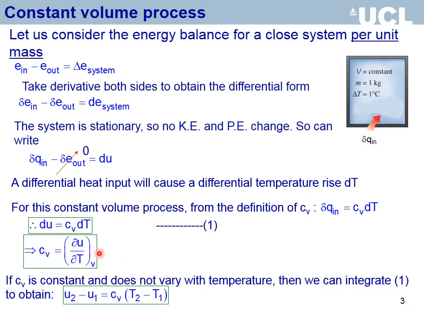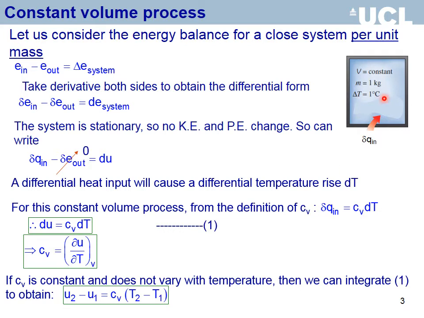This, if you will, is the thermodynamic definition of specific heat. Okay, but life is not always this complicated. There are situations where CV can be assumed to be a constant and it does not vary with temperature a lot. And if that's the case, then I can go back to this equation here and integrate it between, let's say, a state 1 and state 2.